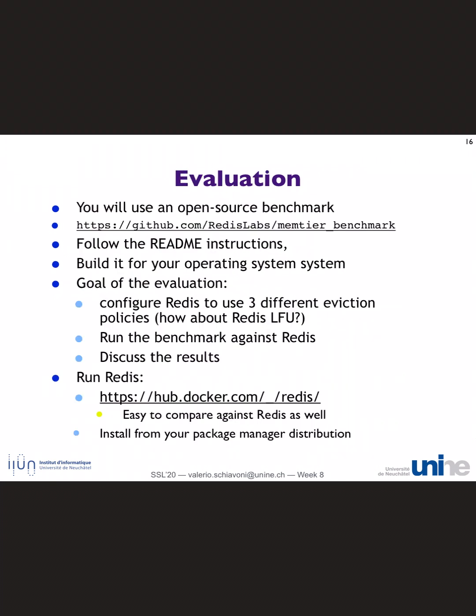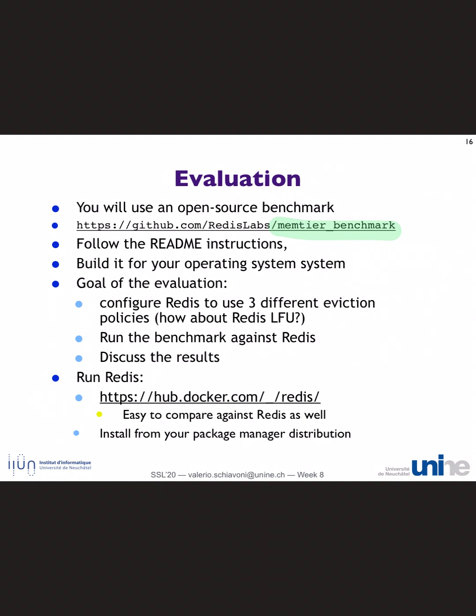Now, a short summary of what we will try to do during the practical part. We are going to use a real Redis instance deployed on your machine. We will use an open source benchmark, memtier benchmark. There are instructions, so we will try to follow them together for all major distributions.